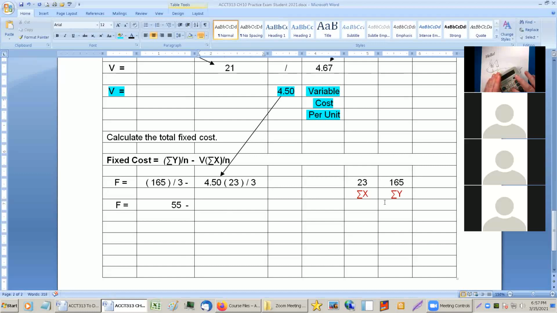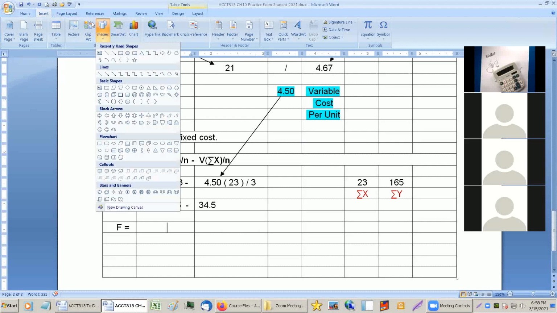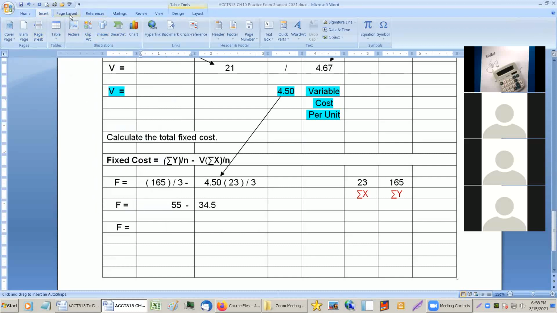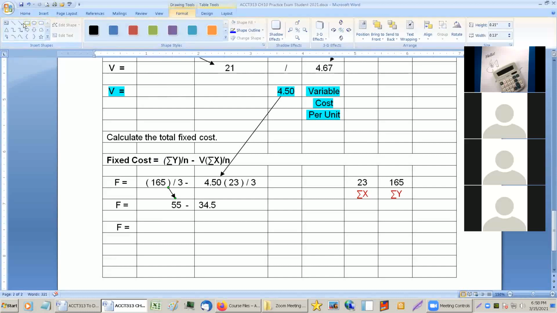Let me see here, 4.50 times 23 divided by 3. 34.5, that's not too bad. $55 minus 34.5, and that is that.